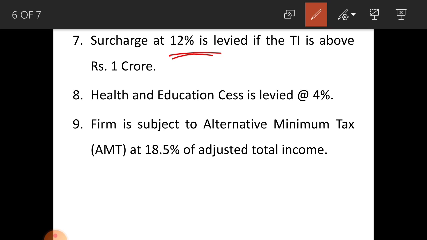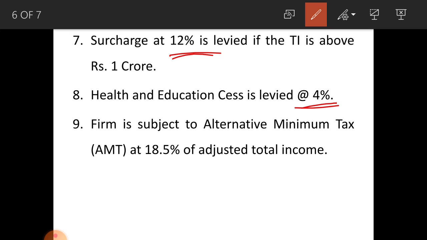And health and education cess is levied at 4%, that is the same for individuals as well as for the firm. Health and education cess at the rate of 4%. And the firm is subject to alternative minimum tax at 18.5% of adjusted total income.